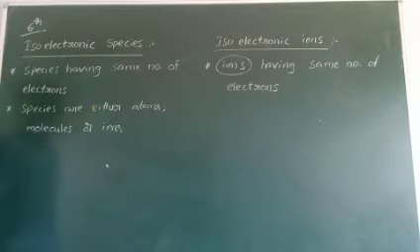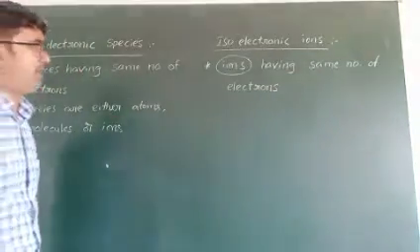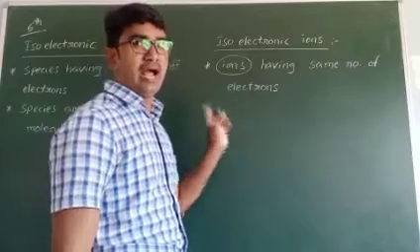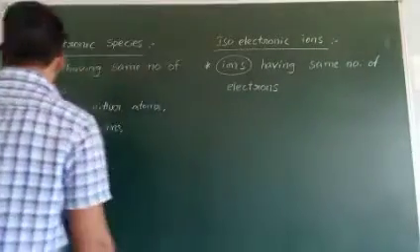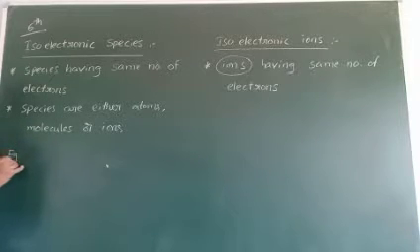Anything is mentioned here, but you just take the total number of electrons present in it. But for isoelectronic ions, it must be taken for ions only, right? Now, an example for this one.